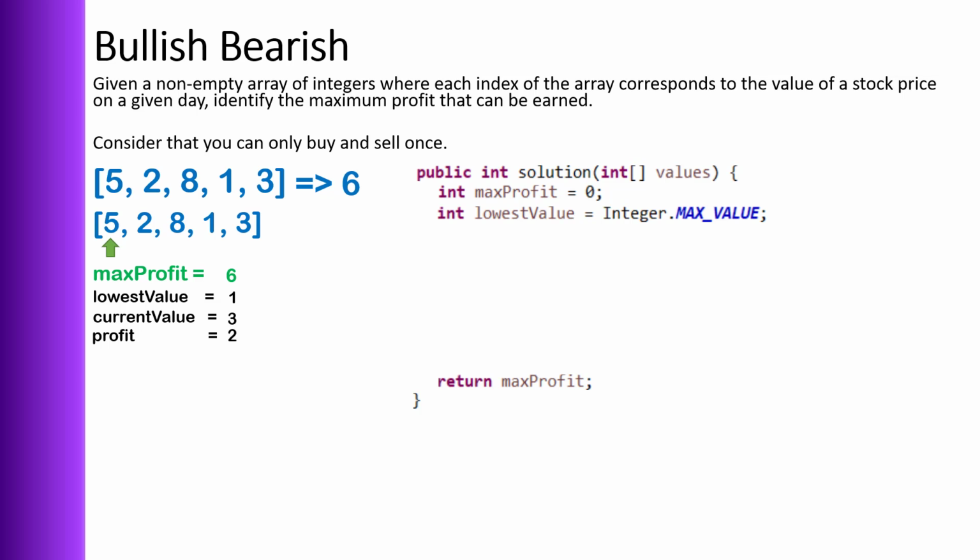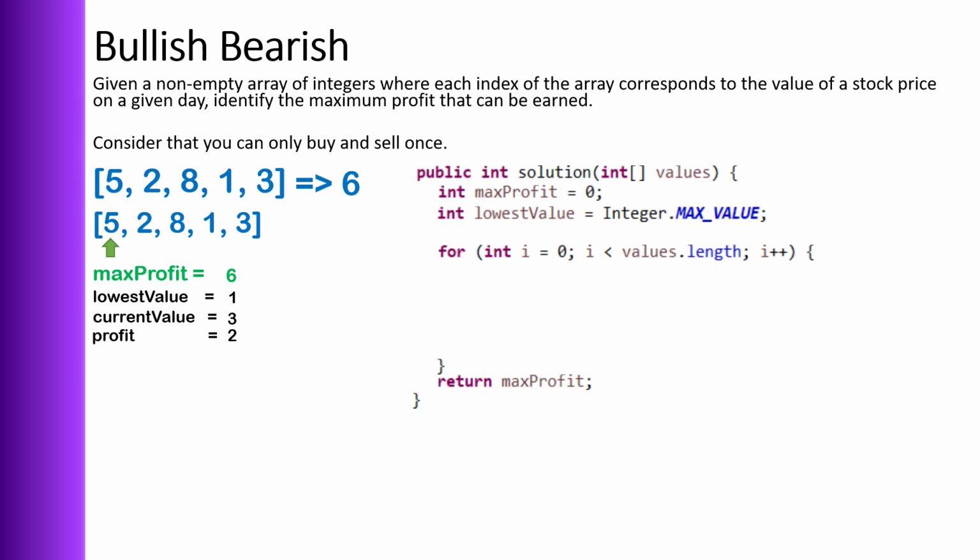As mentioned, we would need to initialize lowest value with Integer.MAX_VALUE. So the idea of having this is that Integer.MAX_VALUE would be the max value we can assign to any integer. So it would be easy for us to know if the current value is lower than the lowest value since it already holds the max value.